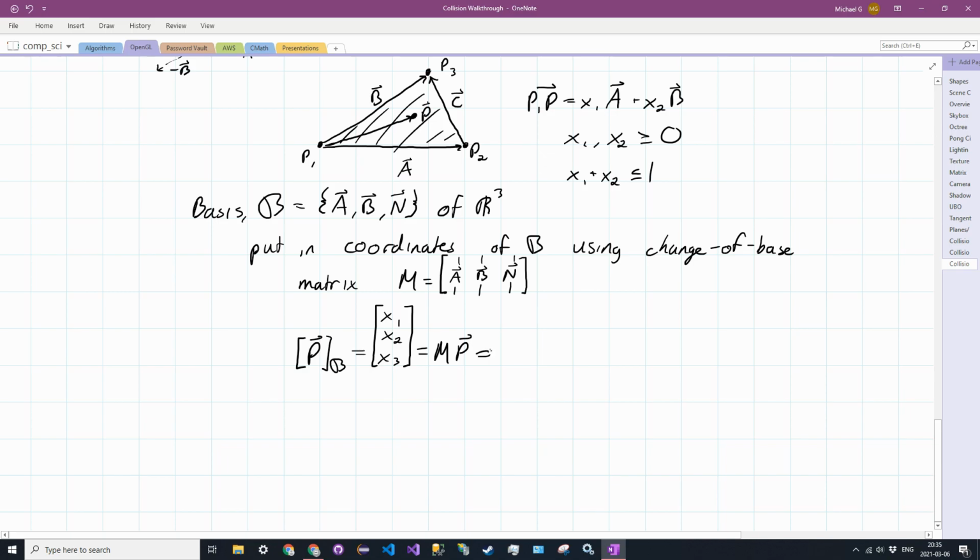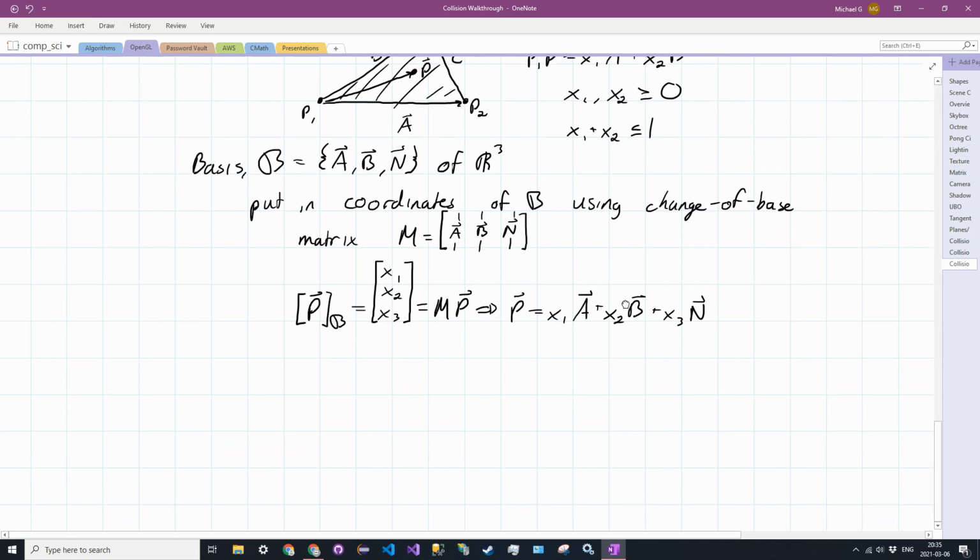So in other words, P would be equal to x1 times A plus x2 times B plus x3 times N, which are the vectors in the basis here.